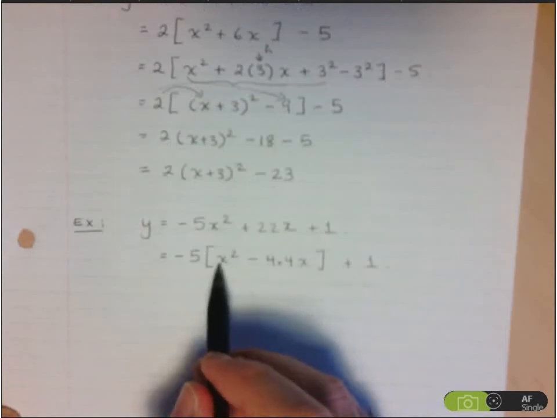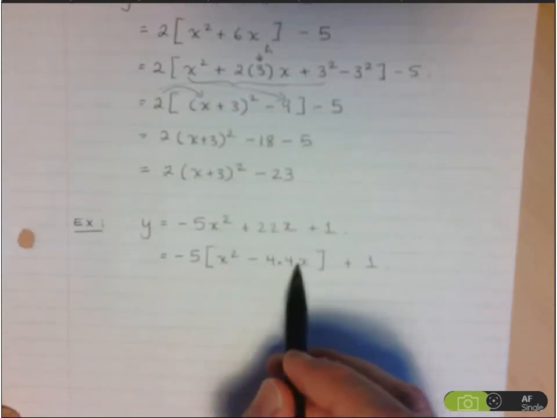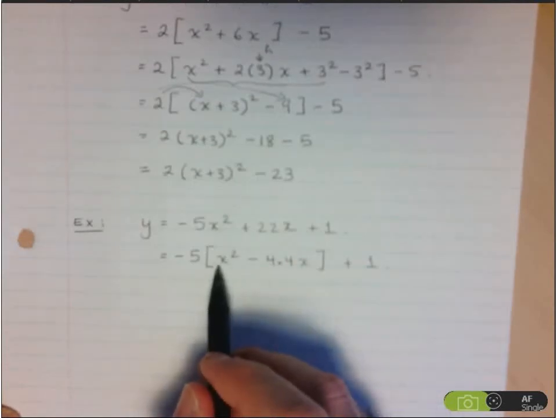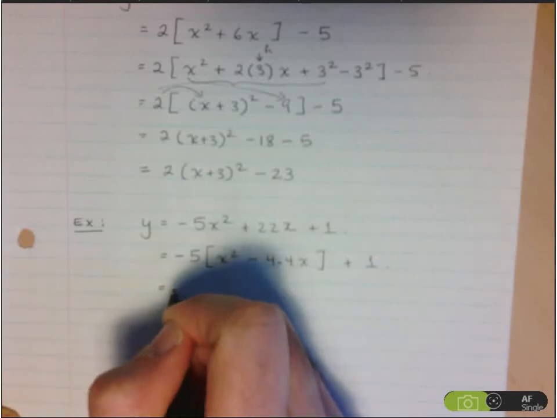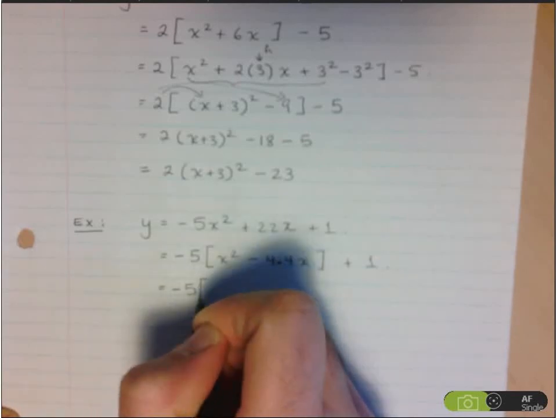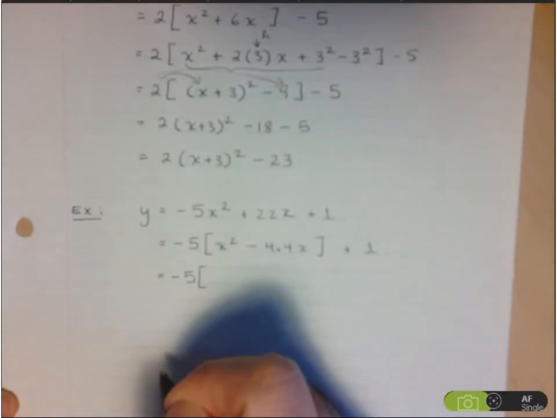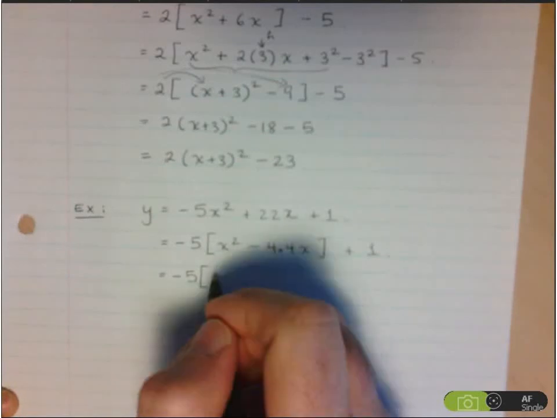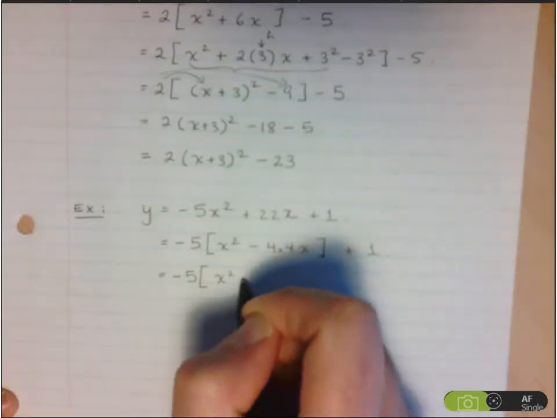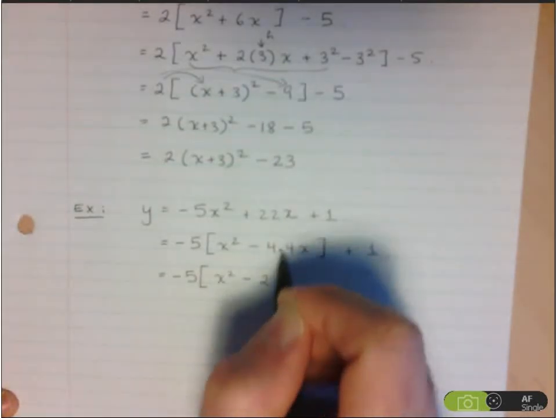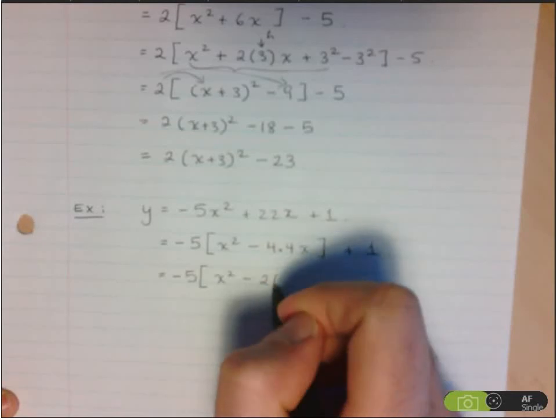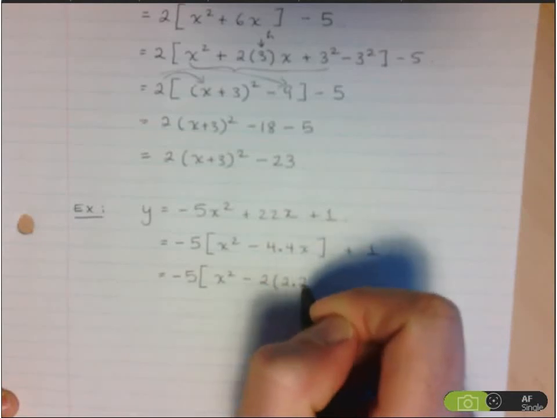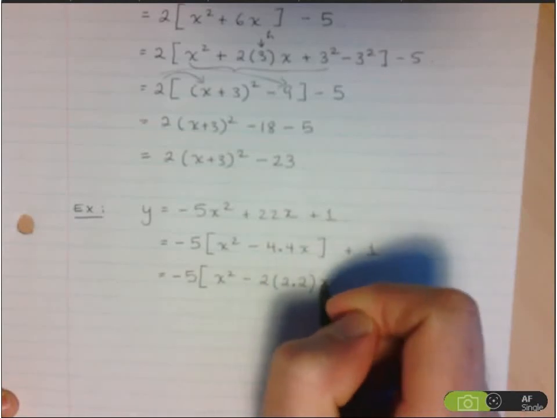And again, when you look inside that square bracket, you see exactly the format that we had from the first video. So here, -5, and now let's set up our development of our perfect square. So we have x squared. We need to write this as 2 times some number, and in this case, it's 2 times 2.2 times x.